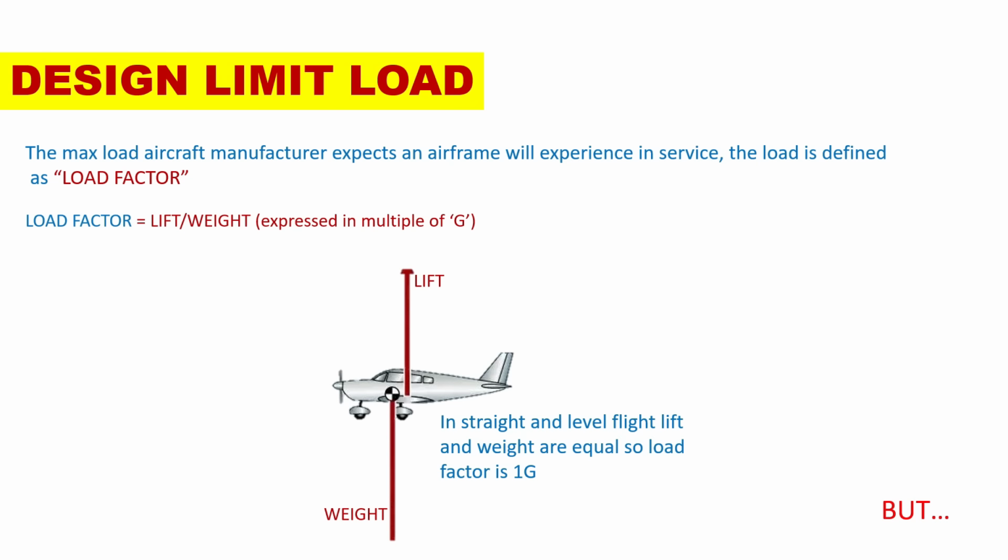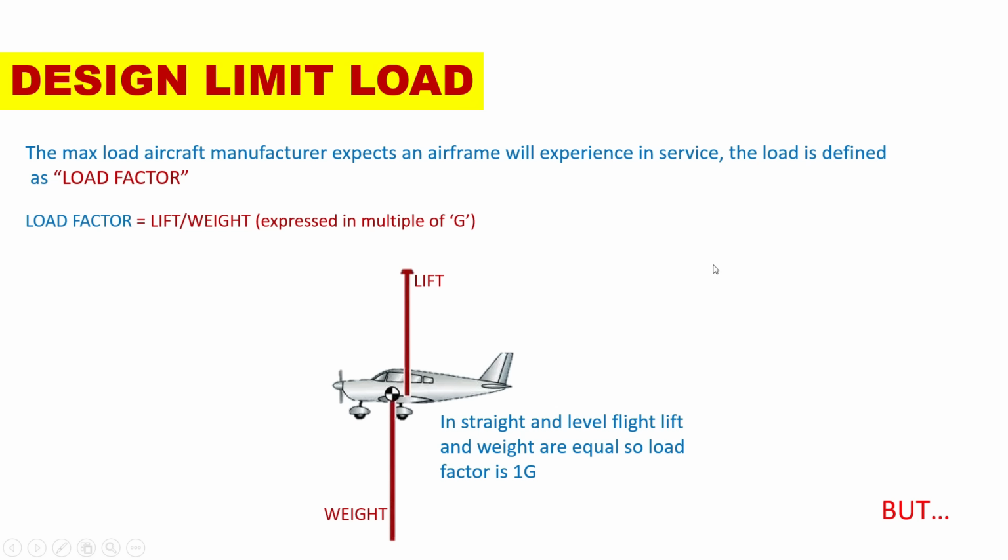So they came up with the idea that we will measure it in the form of load factor. Load factor they defined as lift by weight. In very generic terms, the total lift divided by the total weight, expressed in multiples of g's, like 1g, 2g, 3g, 3.5g, 4g.